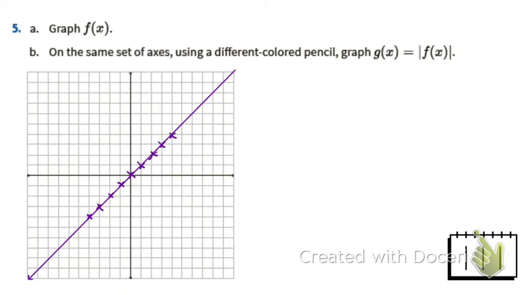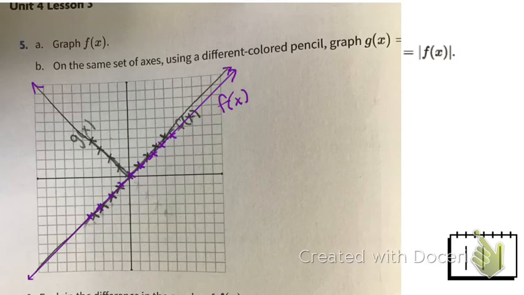Not just for the f of x function, you also have a label. This is my f of x. But that you also have the g of x function graphed and labeled. I'd like to be able to come by, take a look, and see what you have there. Go ahead.